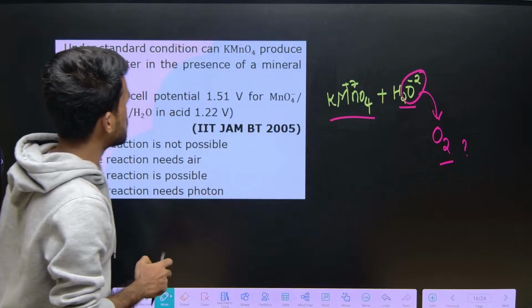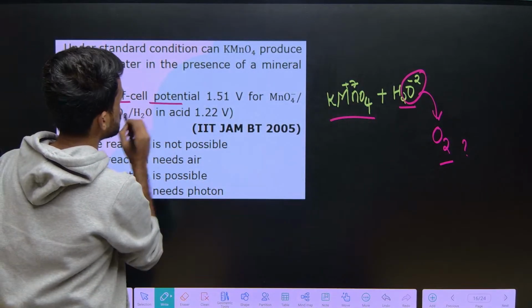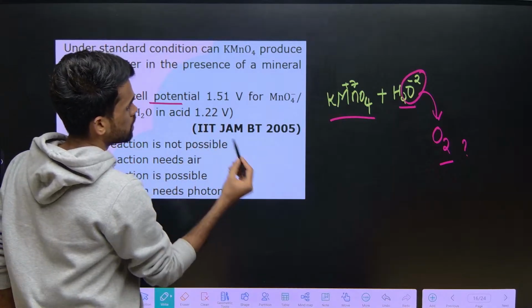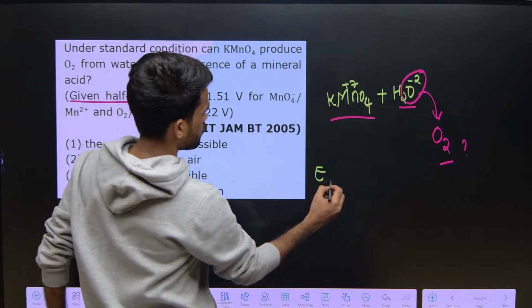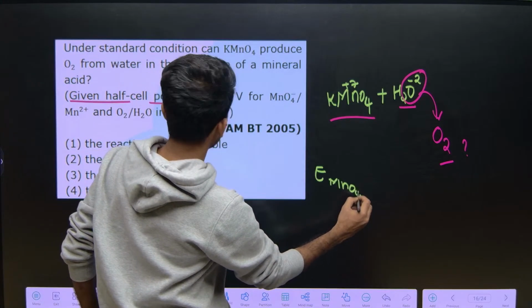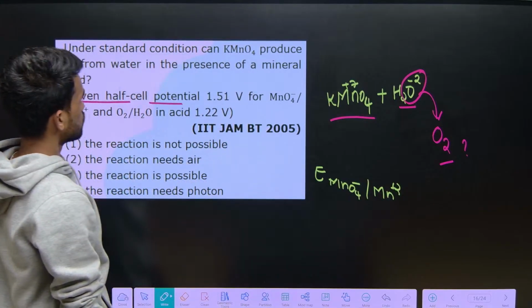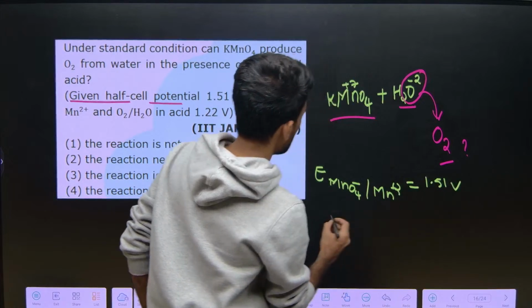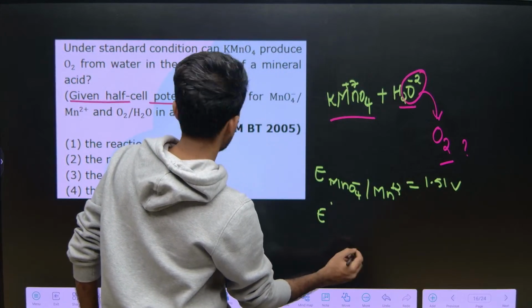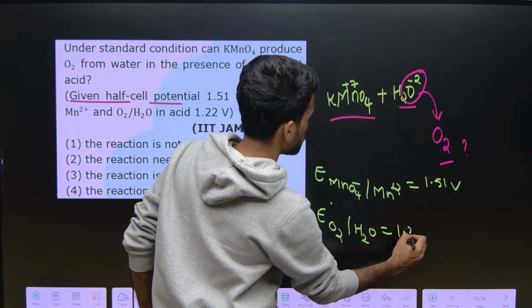Now look at the potentials they have mentioned. The given half cell potential E naught of permanganate ion MnO4 minus to Mn 2 plus is 1.51 volt, and E naught of O2 to H2O is given as 1.22 volt.